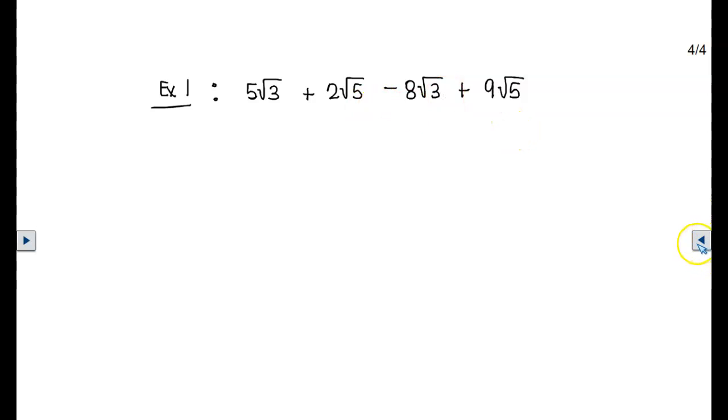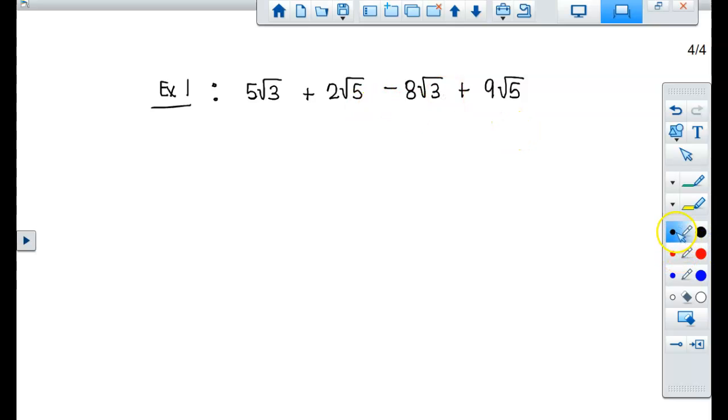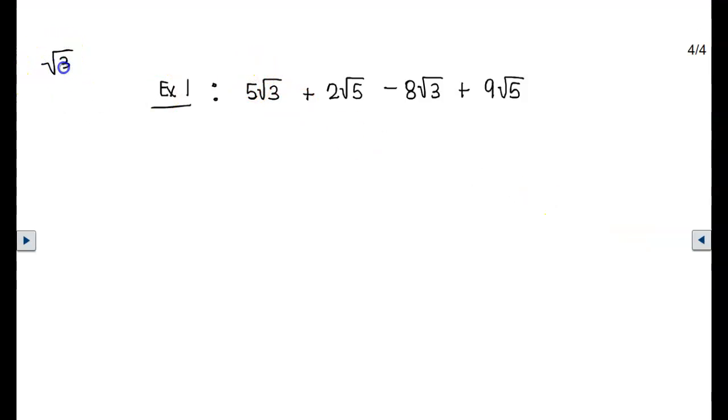So the first thing I'll do is check to see if I can simplify. Could I take the square root of 3 and break it down into 2 square roots so that I could simplify it? Well, you can see that we can't, because the only way to get 3 is 1 times 3. The square root of 1 is 1, so it's 1 times the square root of 3, which is just the square root of 3.